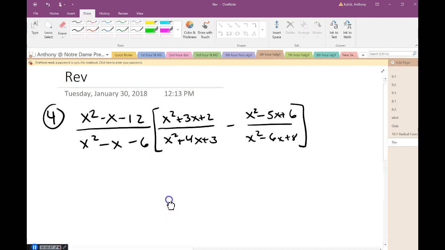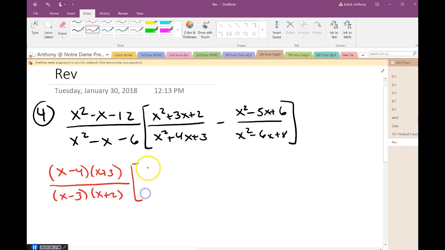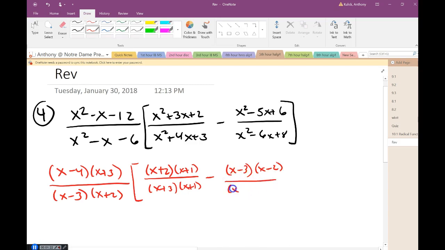So I would start by factoring everything. If you didn't factor things correctly, that's going to make life problematic, although hopefully most of us are pretty good at factoring these kinds of things and can do it pretty quickly.